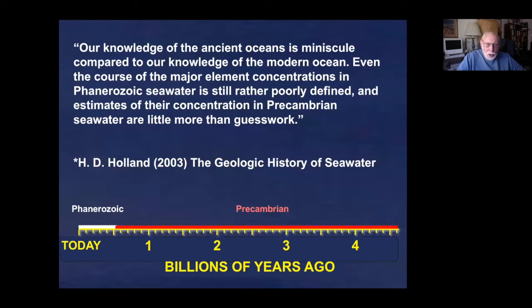Even the course of the major element concentration in Phanerozoic seawater, the time since the last 500 million years, is still rather poorly defined, and estimates of their concentration in the Precambrian seawater, the long period of time that went before that, are little more than guesswork. And I think that's kind of where I have to leave it today.